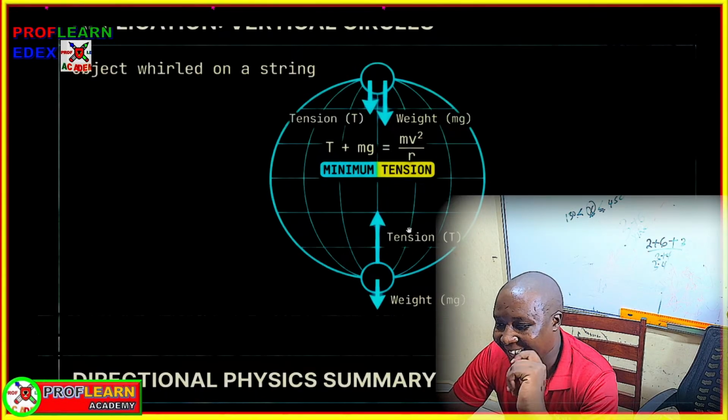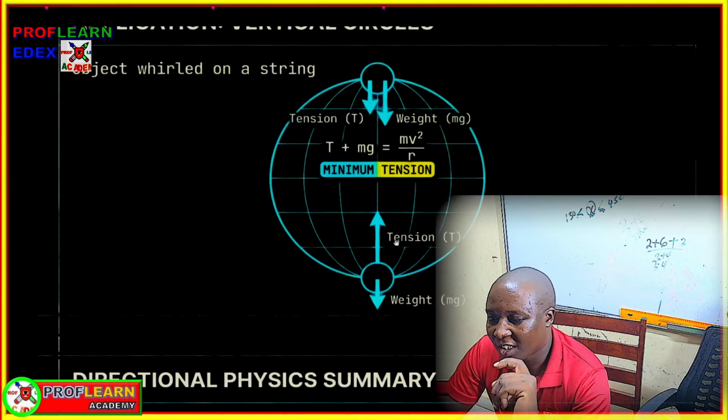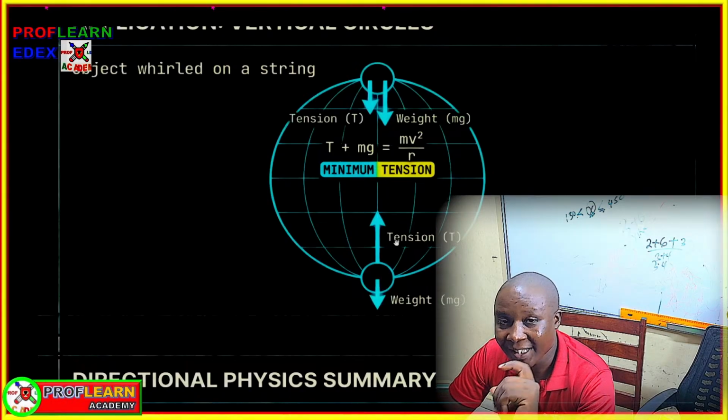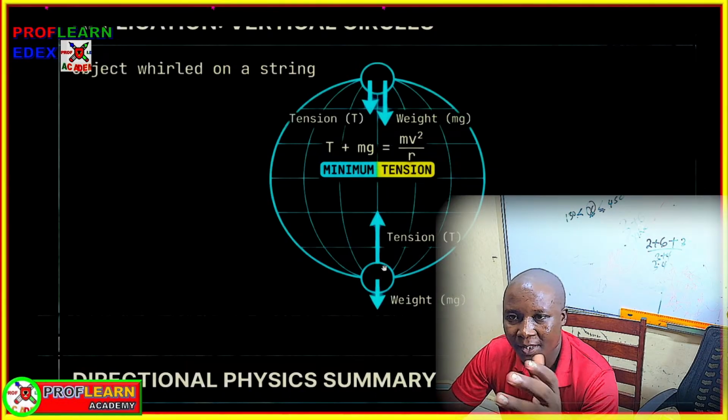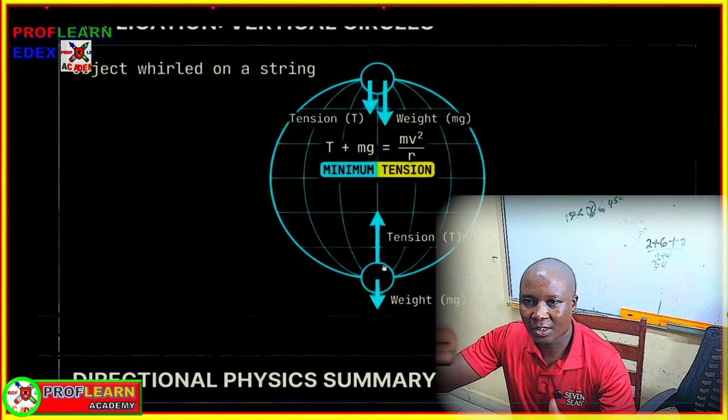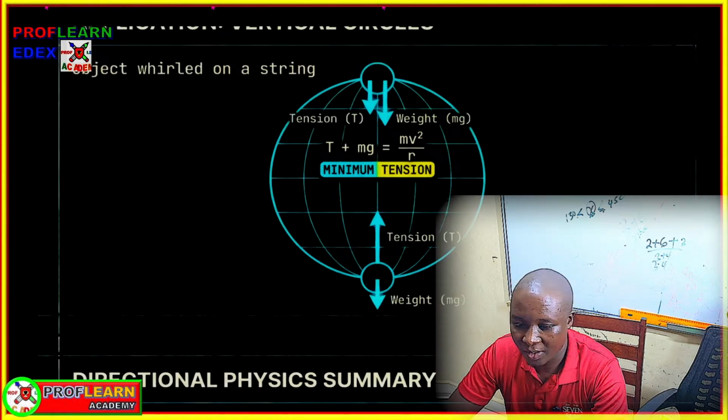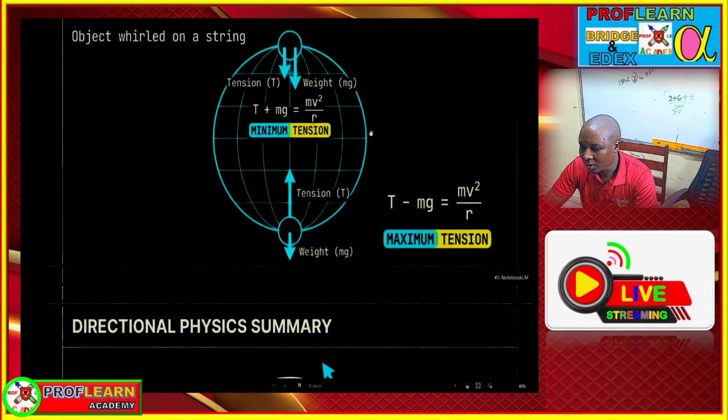And in that case, the string is likely to break or snap when it's at the lowest point in this circle. So it is quite important to note that if an object is moving in a vertical circle, it's likely to snap at the lowest point.